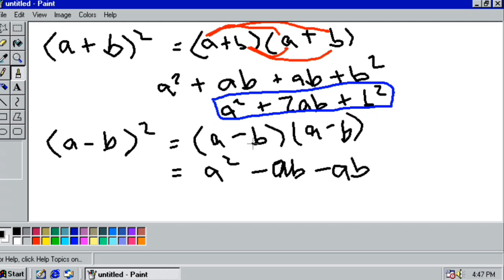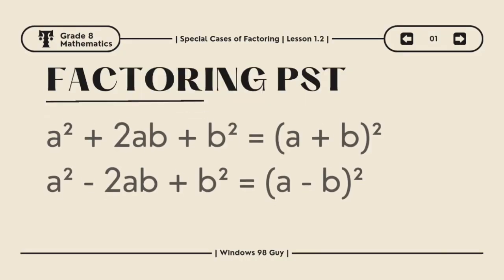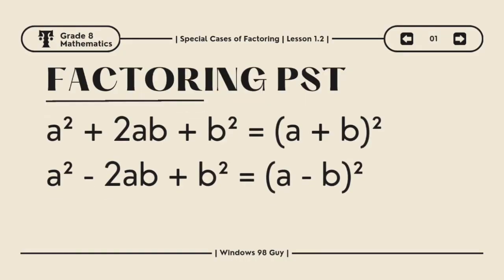Negative b times negative b is positive b squared, since negative and negative are equal to positive. So bring down a squared. Negative ab minus ab is negative 2ab, plus b squared. So it's just like that.